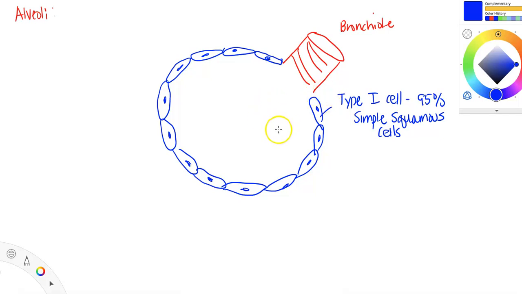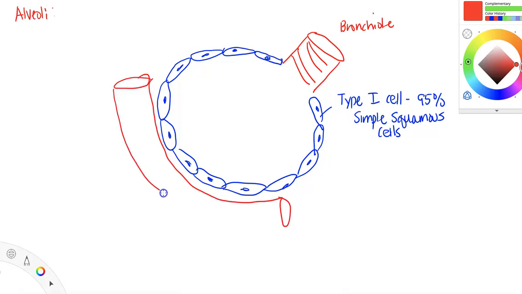And this alveoli will be butting up against blood vessels. And it looks like that because this is where gas exchange occurs.